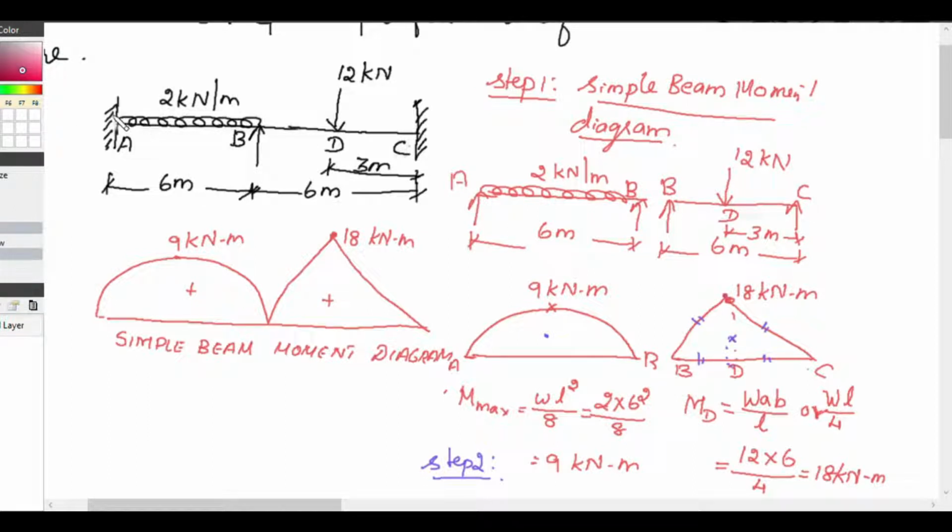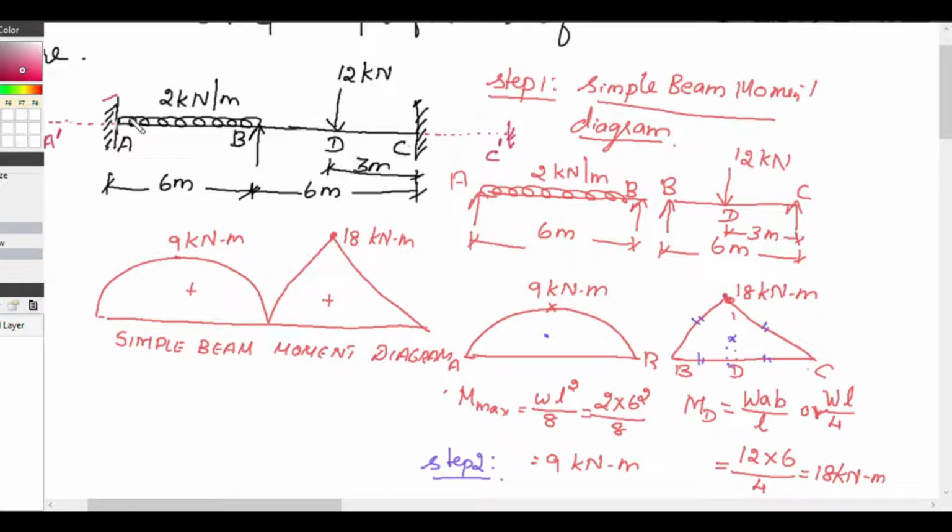So in order to do that, see, this is a fixed support. So to the left of the left support, that is A, which is fixed, we will take an imaginary span or a zero span A dash A. This is a zero span with zero loading conditions. Similarly, since C is also fixed support, we will assume another imaginary span, C C dash.